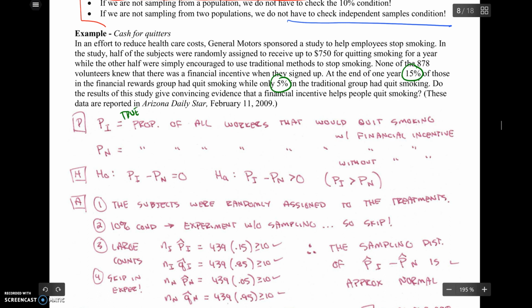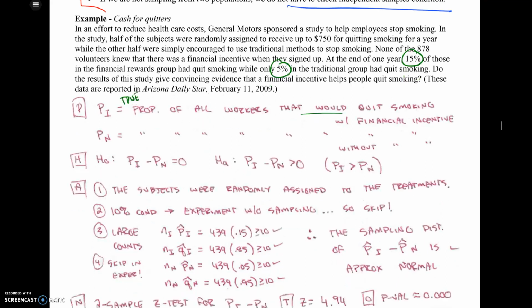The true proportion of all workers that would quit smoking if they were in this study and they had the financial incentive, versus the true proportion of all workers that would quit smoking without the financial incentive. What kind of workers? Workers at this company like the volunteers. I can't generalize because I didn't sample, but workers like the ones in the study. Hopefully you get what I'm saying here.